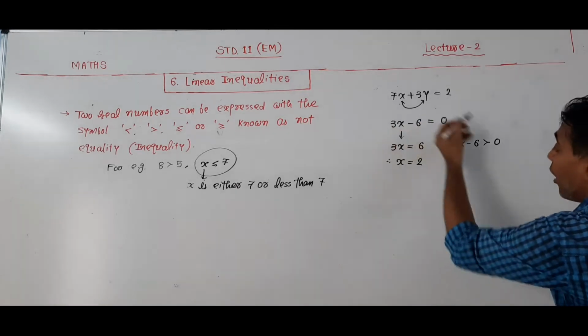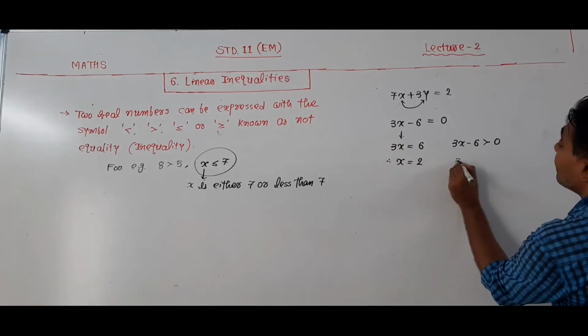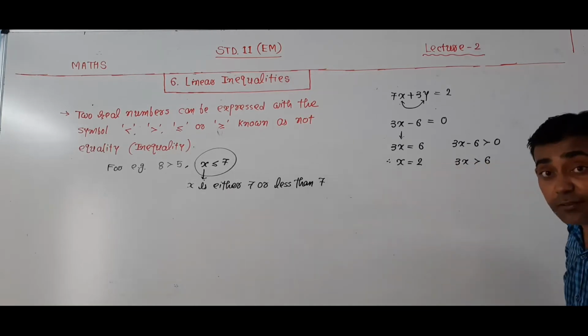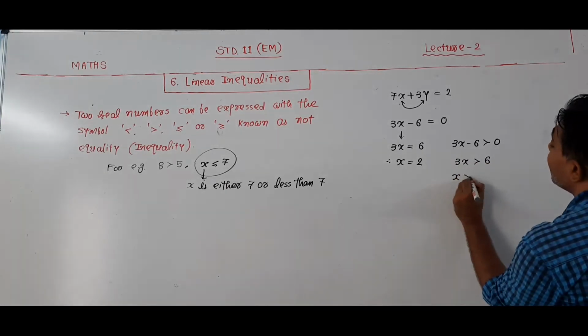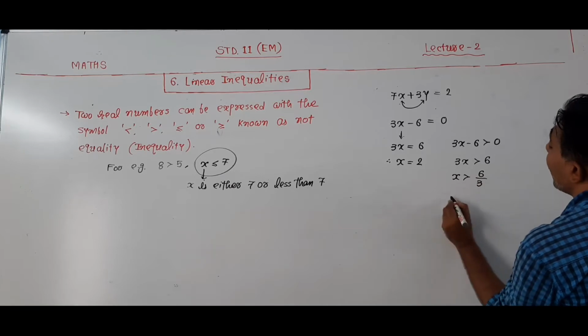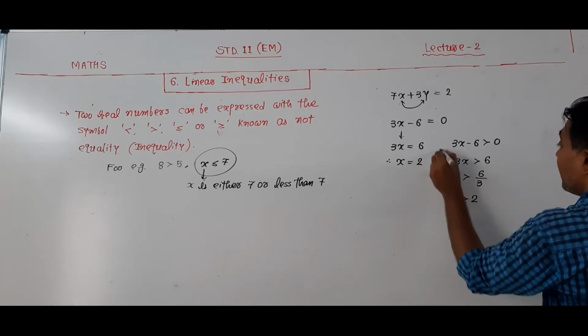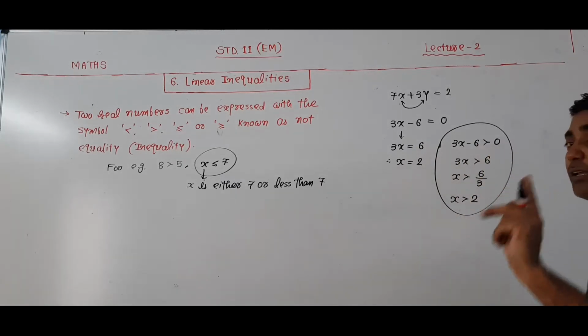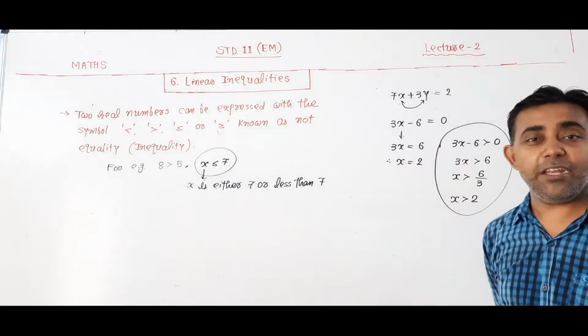Now the calculation: minus 6 goes to the other side. Then we may write 3x is greater than 6. Again x is greater than 6 by 3, and therefore x is greater than 2. This is the solution of this linear inequality in one variable.